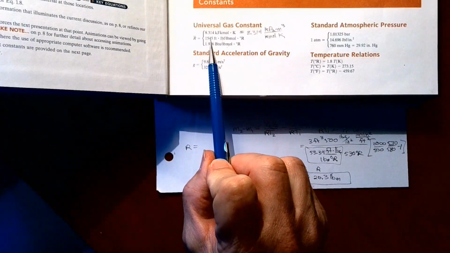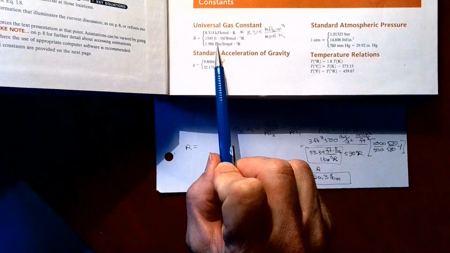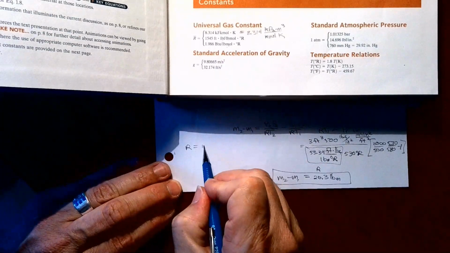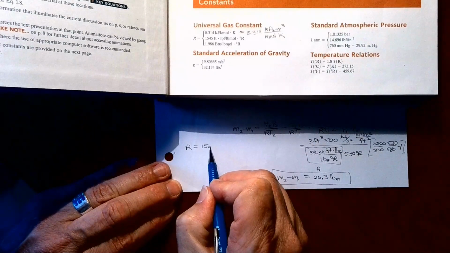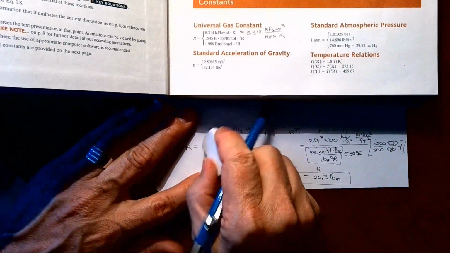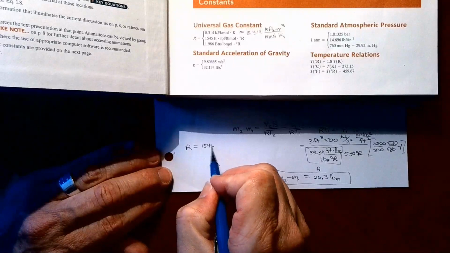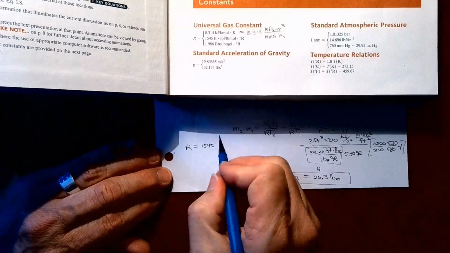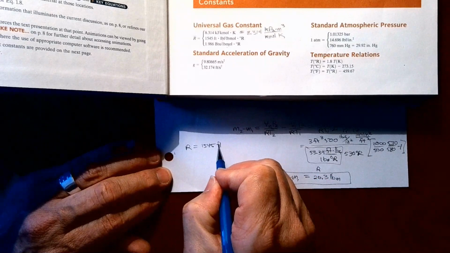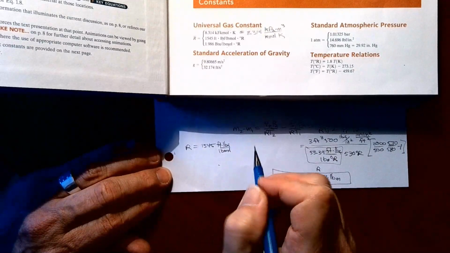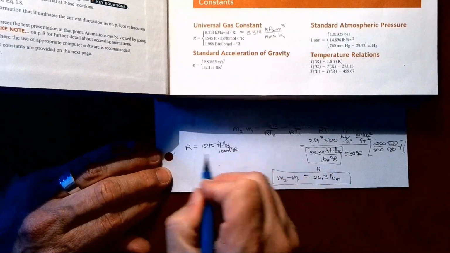I'm going to use 1545 foot-pounds per pound mole degrees Rankine.